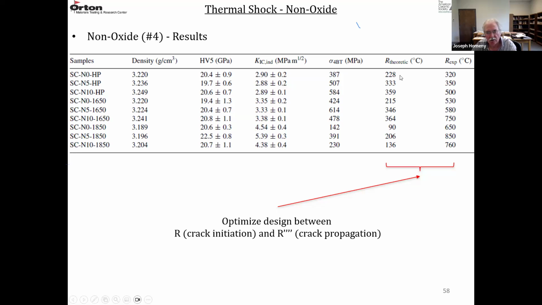You're starting out with a fine-grained, dense, high-performance technical ceramics, and these aren't that different. These values here, calculated and observed, but you're changing the microstructure from more of a technical ceramic to a higher thermal shock resistant material like a refractory by changing the microstructure.